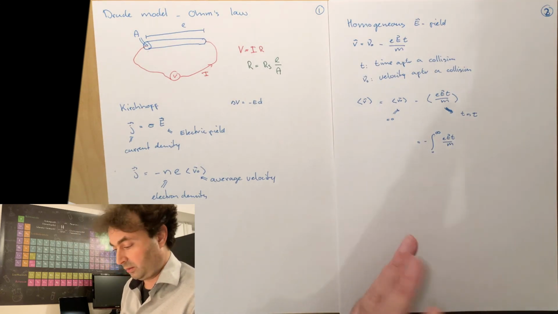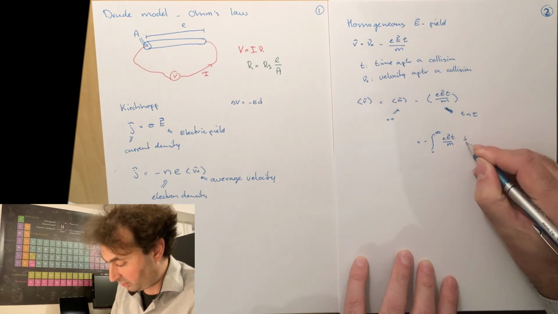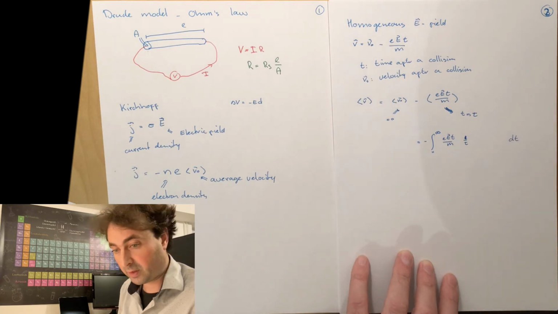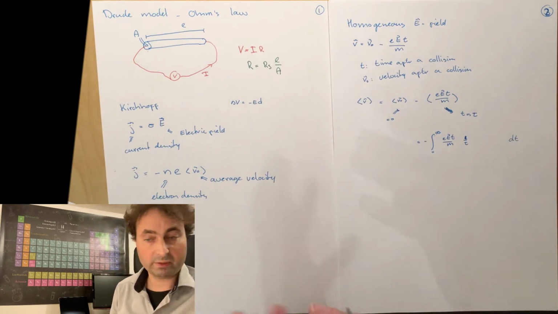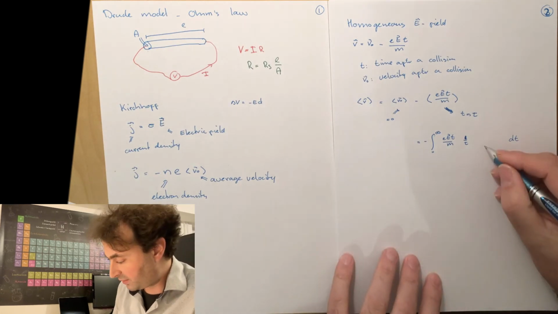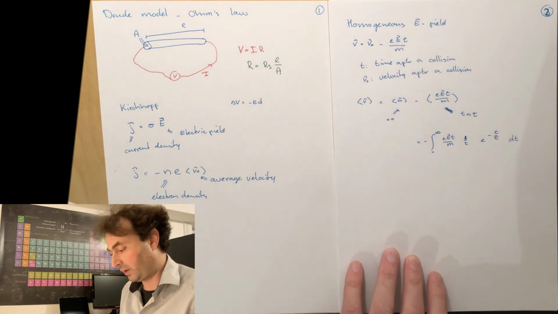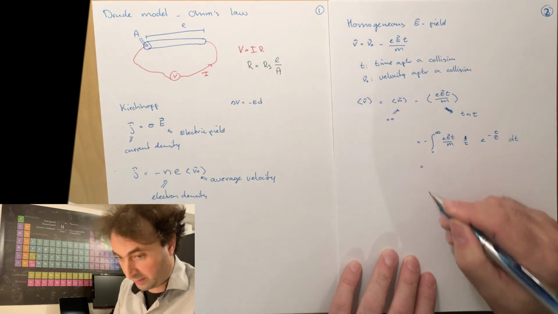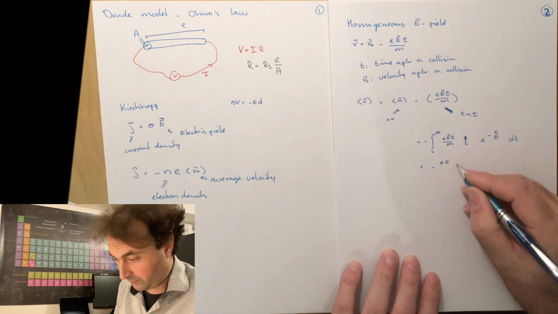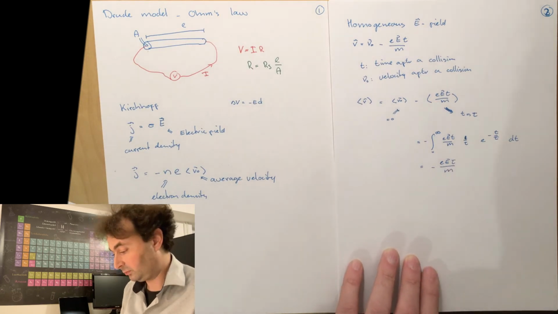Then the probability to scatter at time t, which is 1 over tau dt. And then of course I have to multiply with the probability that in a time from 0 to t you haven't scattered, which is e to the minus t over tau. And if you evaluate that integral, you indeed get what we said before, the average time between two scattering events.